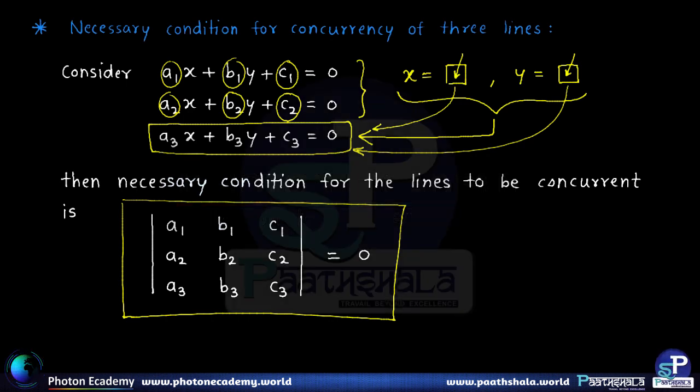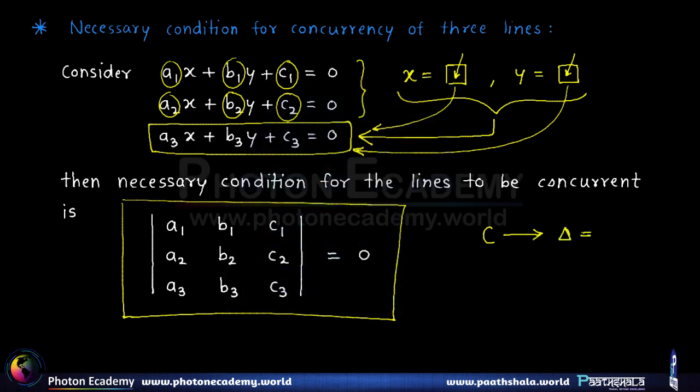Once again, just to clarify the meaning of the word necessary condition, it means that if the lines are concurrent, then this particular determinant is 0. But the converse is not always true. That means this condition is not sufficient.